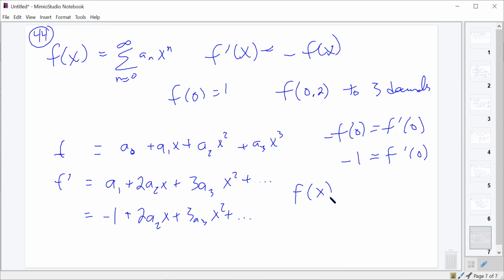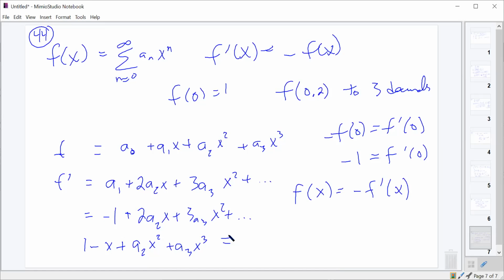We could say that f of x is then equal to negative f prime of x, just by flipping the negative sign around. And if we know that a sub 1 was negative 1, that means that f of x is 1 minus x plus a sub 2x squared plus a sub 3x cubed, and so on.